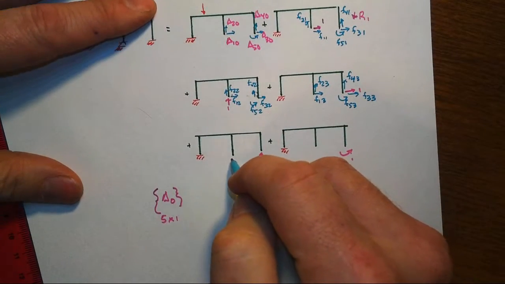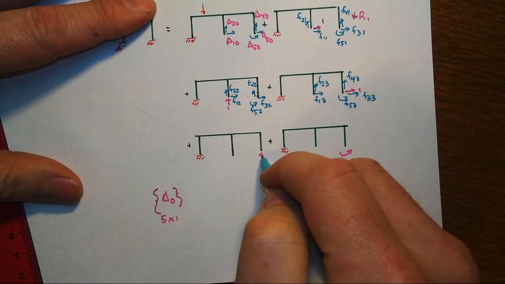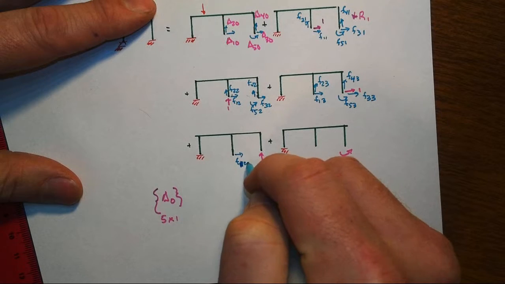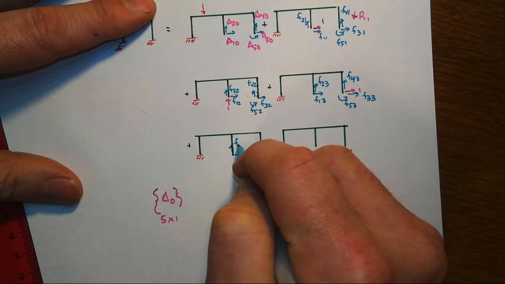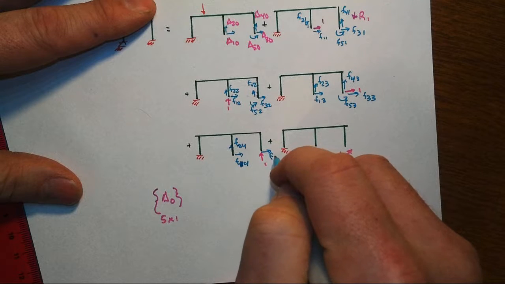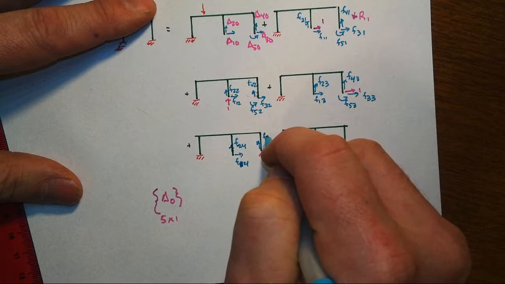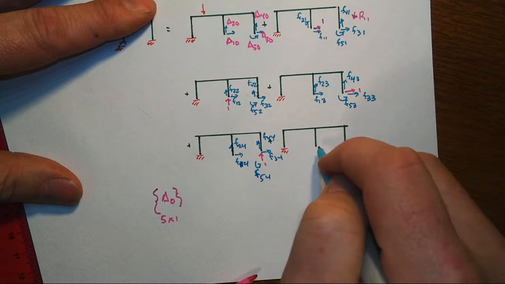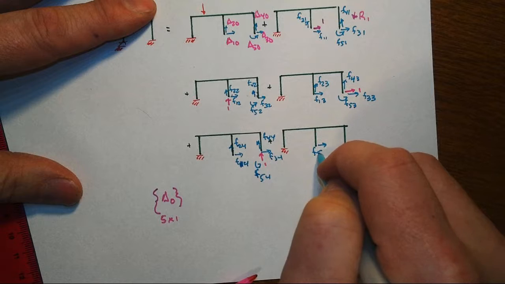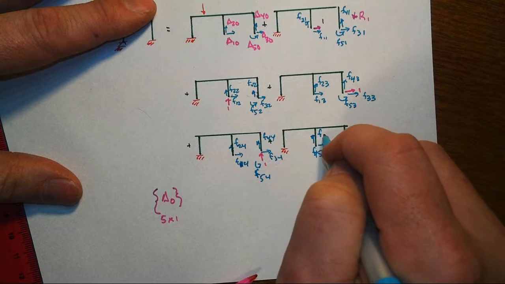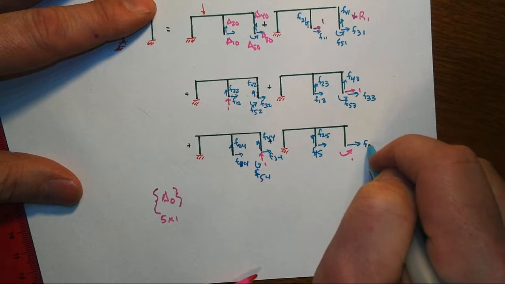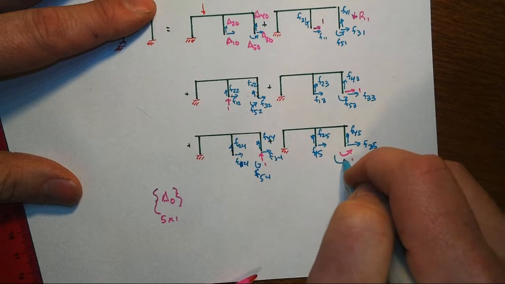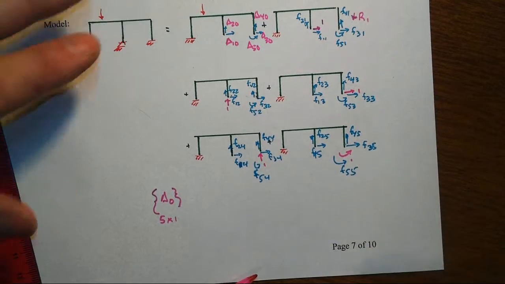Same thing now at degree of freedom 4: displacement at 1 caused by 4, displacement at 2 caused by 4, displacement at 3 caused by 4, displacement at 4 caused by 4, and displacement at 5 caused by 4. And then finally F15, F25, F35, F45, and the rotation that goes with it, F55.